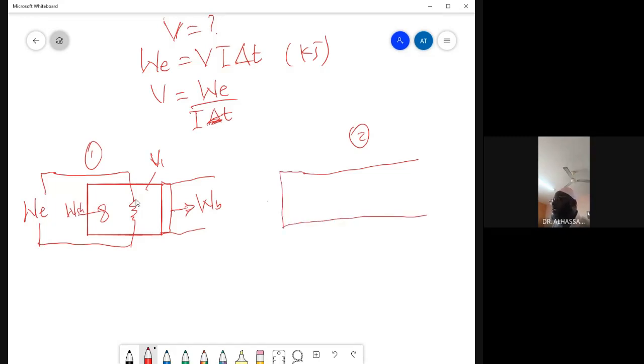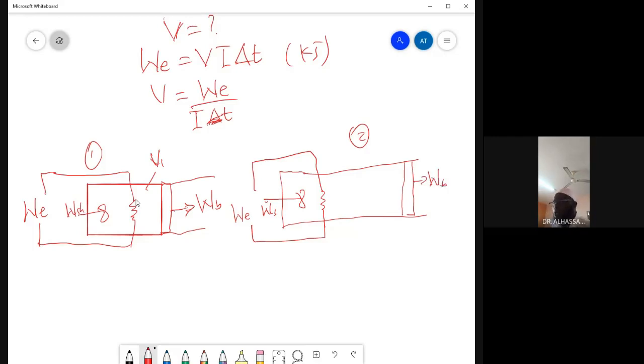Again, this is the shaft, and then we have our electrical, the current, W electrical, and W shaft. So the volume is going to increase over here. So there would have been some work output, the boundary work.